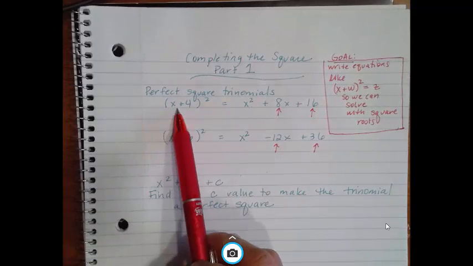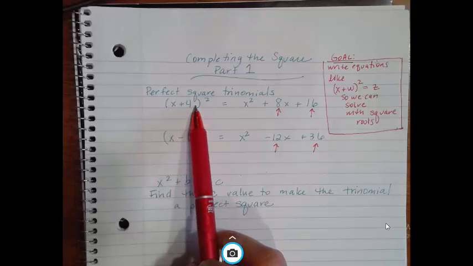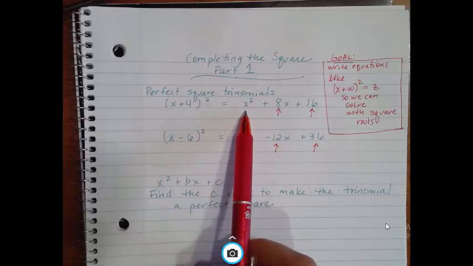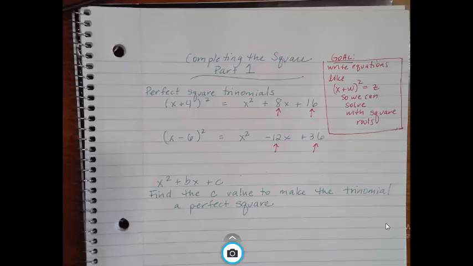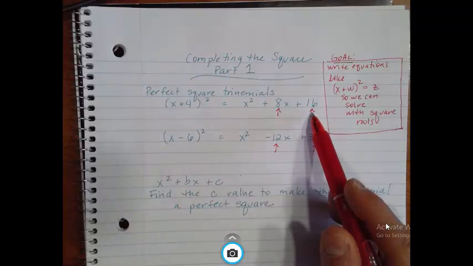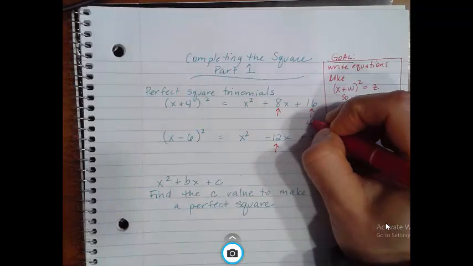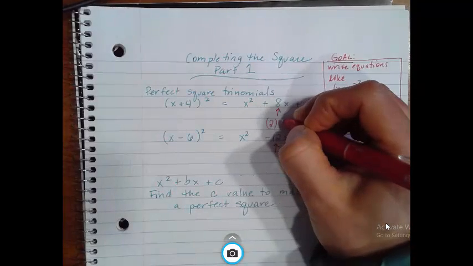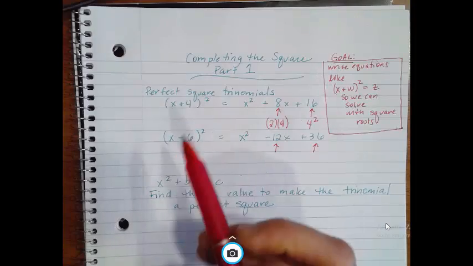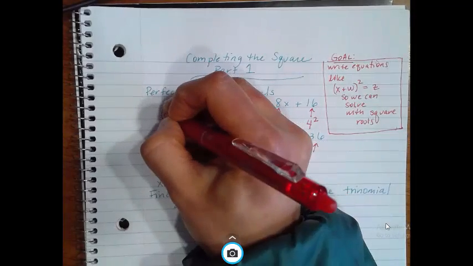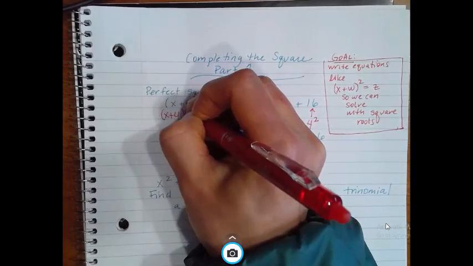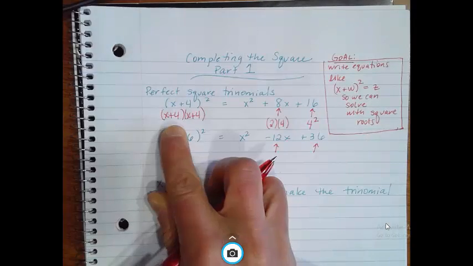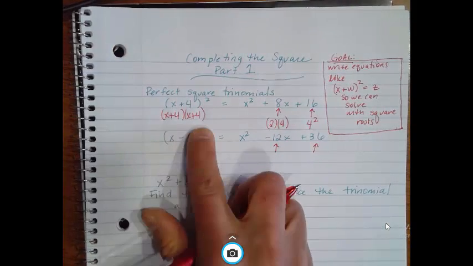We know that when we multiply out, for instance, x plus 4 squared, we get x squared plus 8x plus 16. The 16 comes from the 4 being squared. The 8 comes from 2 times 4. Because when we FOILed this whole thing out as x plus 4 times x plus 4, we've got x squared plus 4x plus 4x.